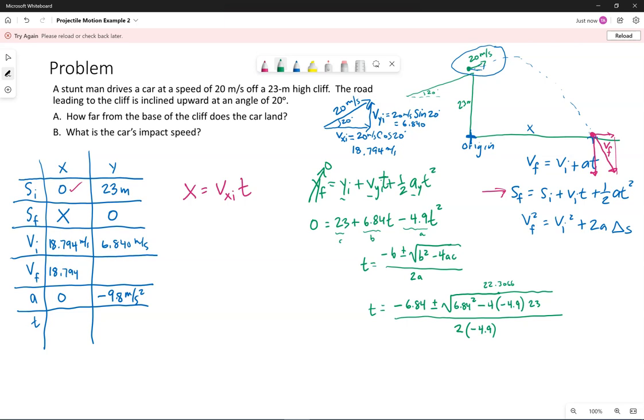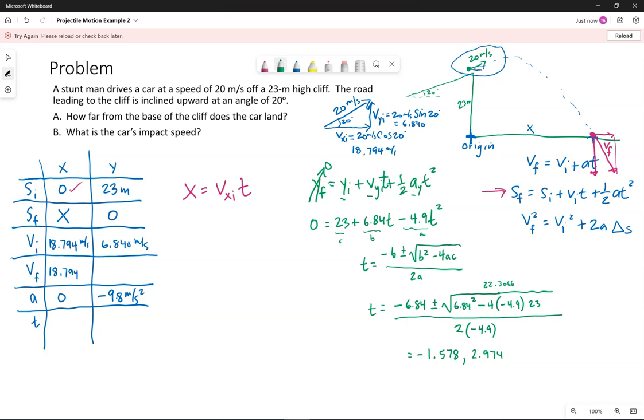So I'm going to get, well, let's go ahead and do it. Negative 1.578 or 2.974.